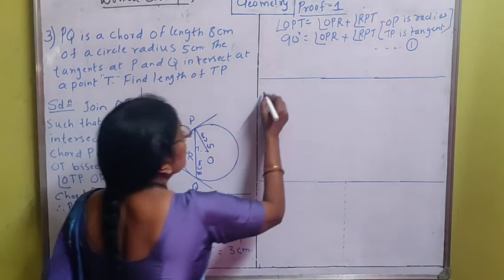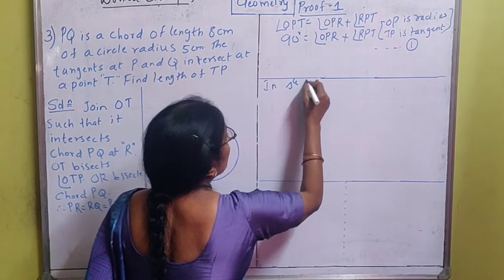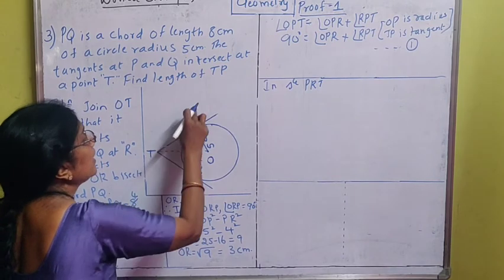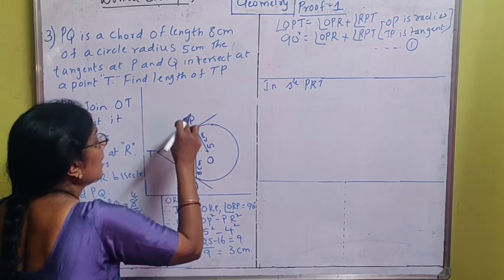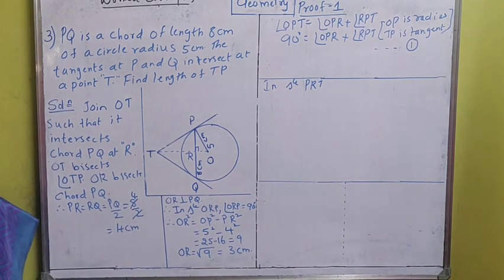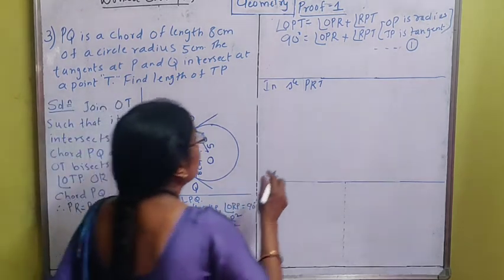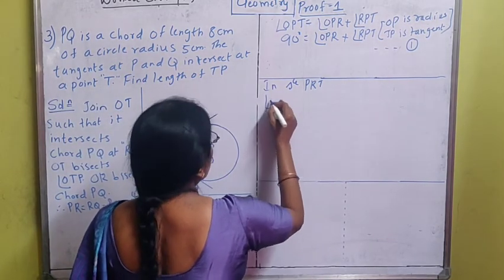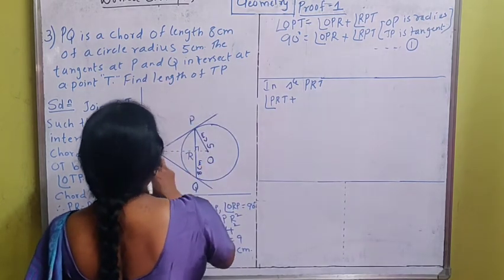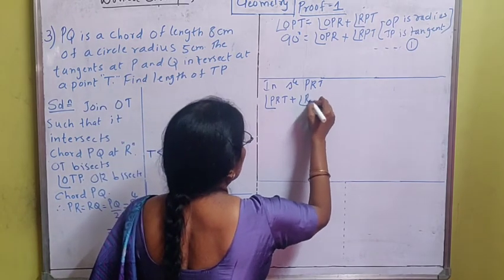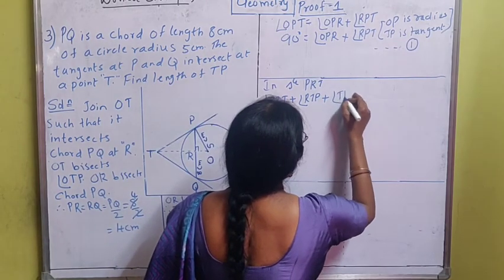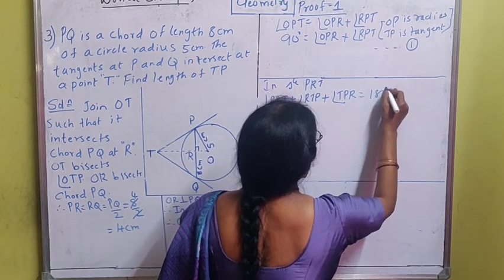So in triangle PRT, angle PRT plus angle RTP plus angle TPR is equal to how much? The sum of all three angles is 180 degree.